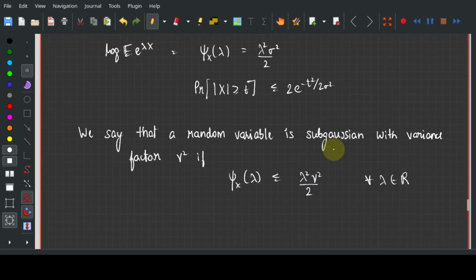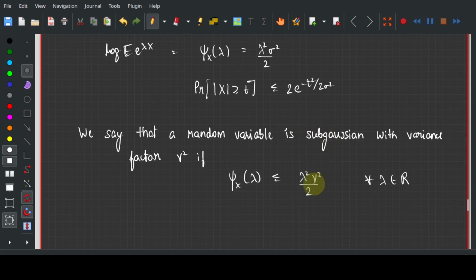So we'll say that a random variable is sub-Gaussian if the log moment generating function is less than or equal to some constant times lambda square. Right? If the log moment generating function is basically a quadratic function of lambda, or upper bounded by some quadratic function of lambda, we'll say that the random variable is sub-Gaussian.